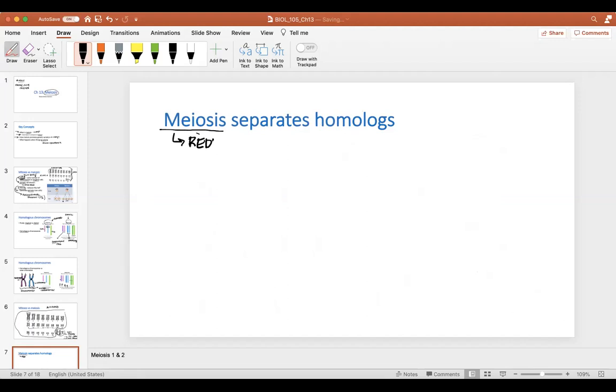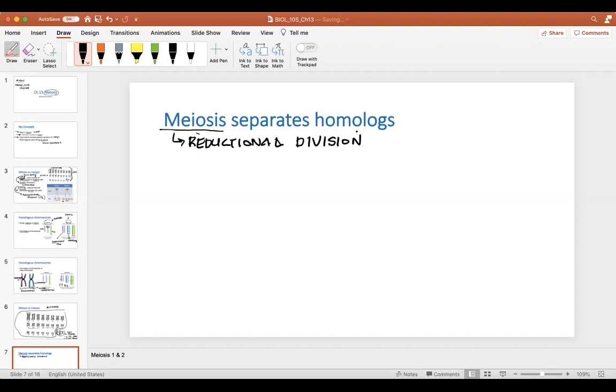The big deal with meiosis, which remember is a reductional division, is that it separates homologs. So I'm going to give you kind of an overview of what happens during meiosis, all right?